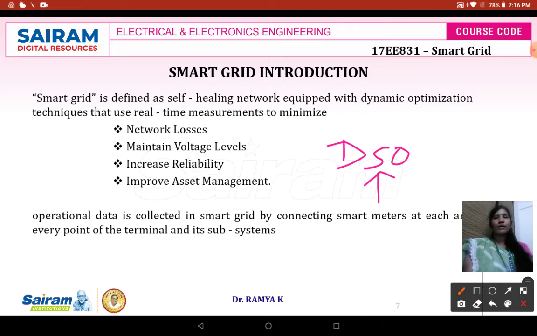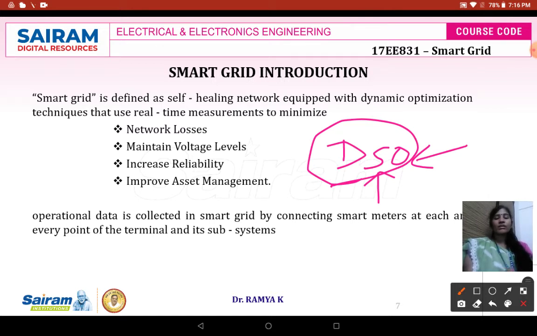Suppose if any power theft is there, we could identify with the data stored. Suppose if the power generated by the solar is less, we can identify with the data collected by the DSO, that is data system operator.